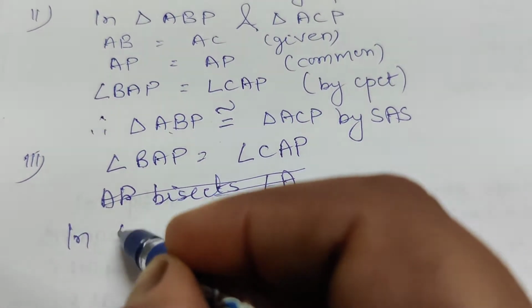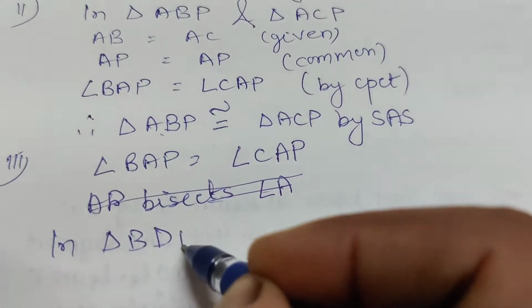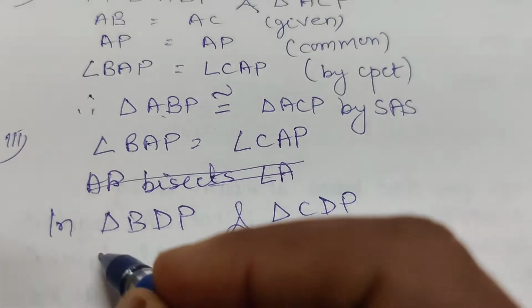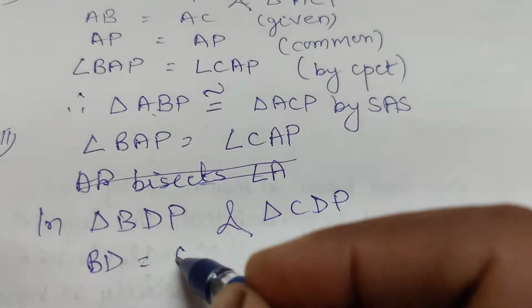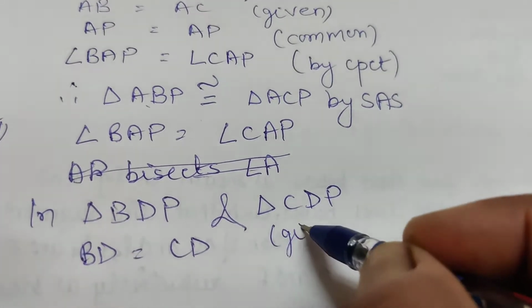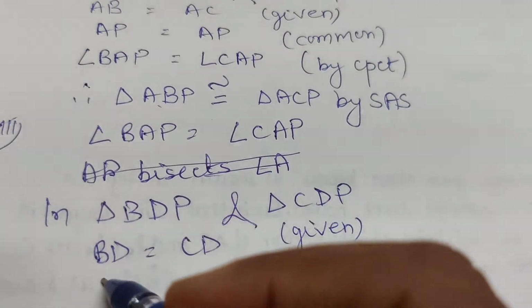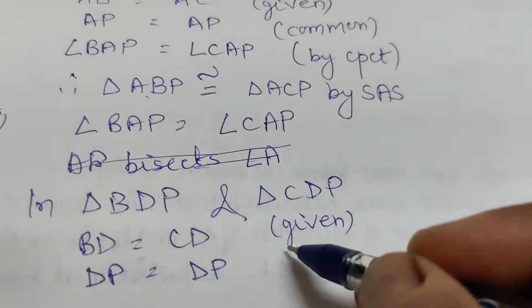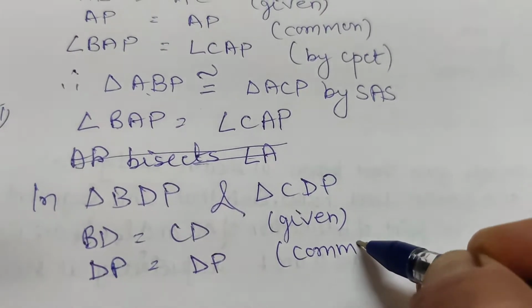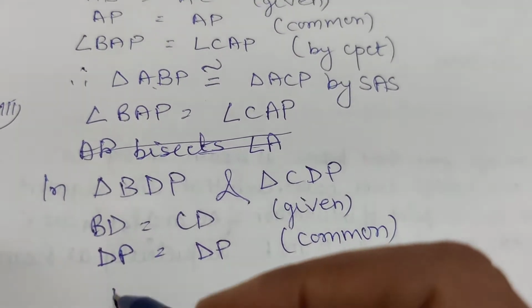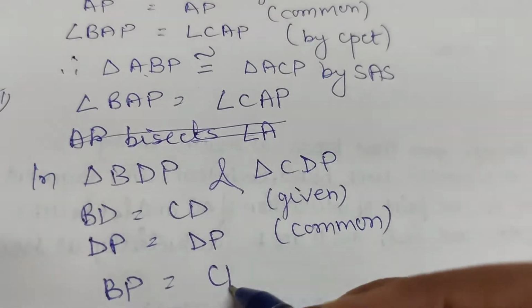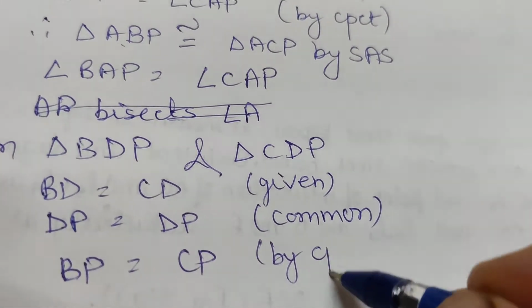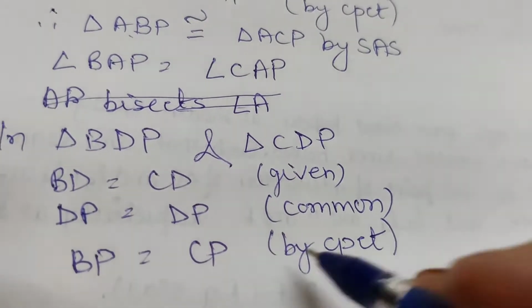In triangle BDP and triangle CDP, BD equal to CD, given, second DP equal to DP, common, and third BP equal to CP by the CPCT of above triangles.